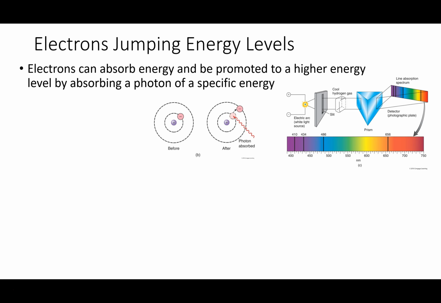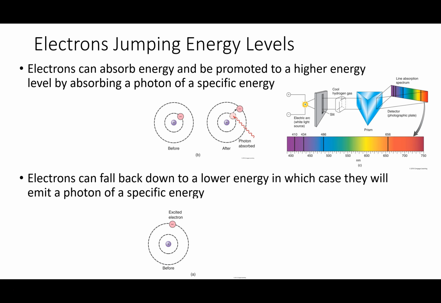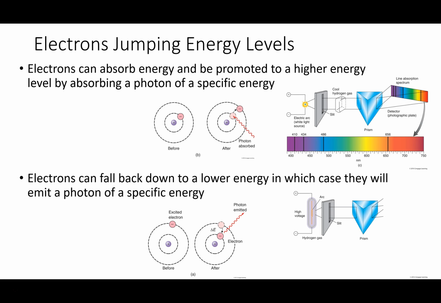Well, that's absorption. In this case, this is what we call an excited electron. And like when I step down from the chair, it's going to give off energy. It's energy escaping. We picked on hydrogen again.